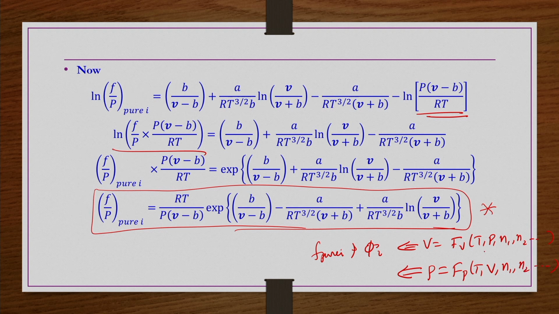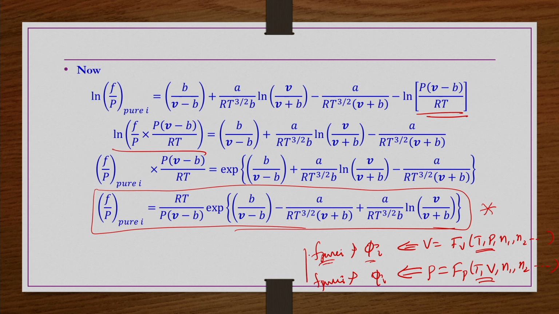So, in the previous case, temperature and pressure are independent variables. So, by keeping temperature constant, we could find out the effect of a change in pressure on phi i and on f pure i. In today's lecture, temperature and volume are the independent variables. So, at constant temperature, by changing the volume, how much change occurs in phi i and f pure i, those things we have seen in this particular lecture.